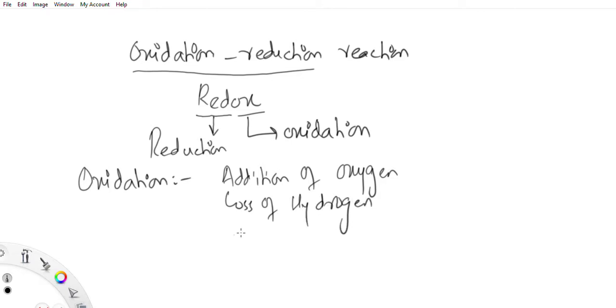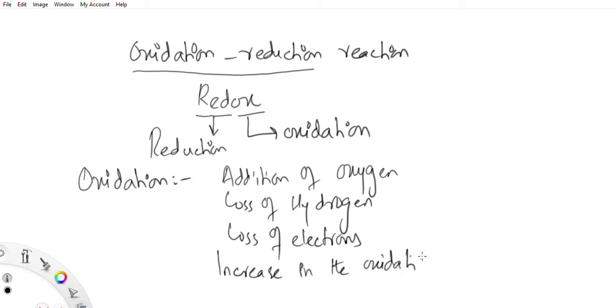Or we can say that it is the loss of electrons. And we can also define it as the increase in the oxidation number. All these four definitions are correct for oxidation.